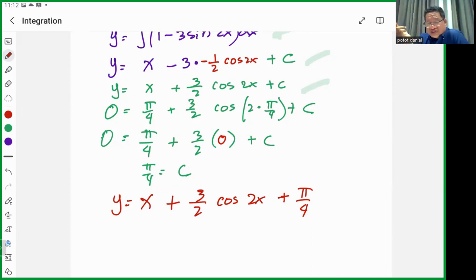The other common mistake of students is that you need to memorize the sine, cosine, and tangent of special angles. The special angles are 0, pi over 6, pi over 4, pi over 3, pi over 2. Those are the special angles whose sine, cosine, and tangent you need to memorize.